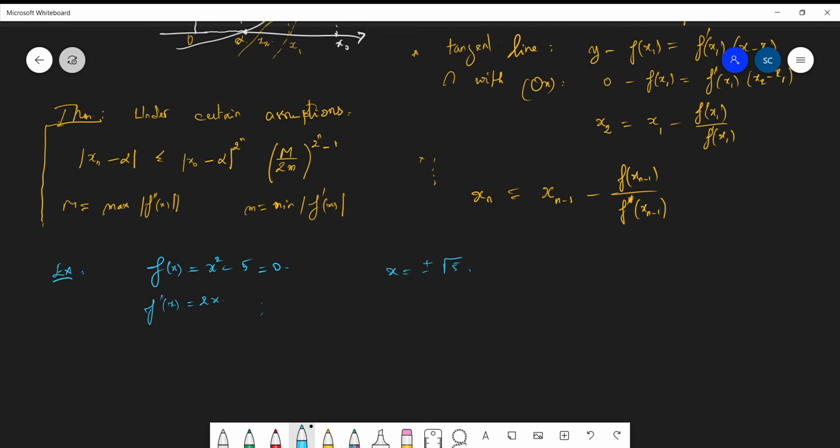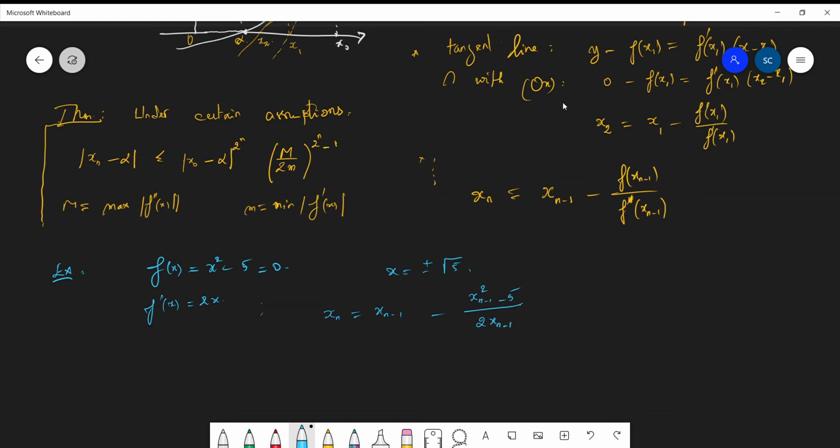The sequence here will be in the form we said: xn = x(n-1) - f(x(n-1)) over the derivative, so x(n-1)^2 - 5 over 2x(n-1).